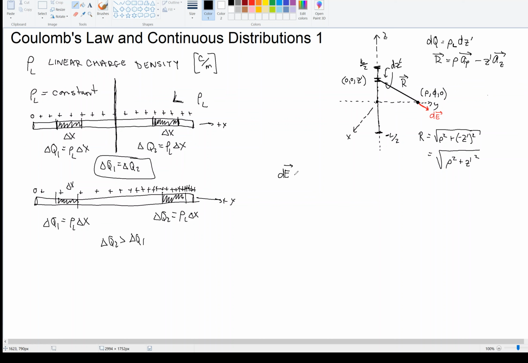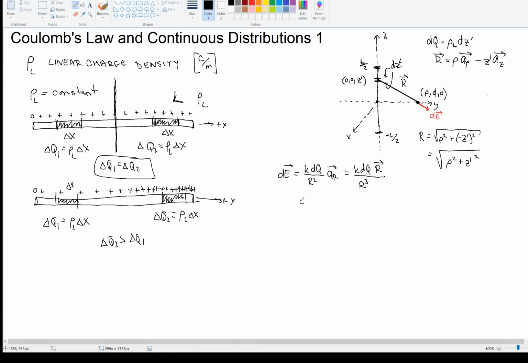So we know that the electric field is K times the charge, and the charge is dq, we're saying, a small charge, over r squared, times a unit vector in that r direction. And a unit vector in that r direction is r over r. So this becomes r cubed down there.